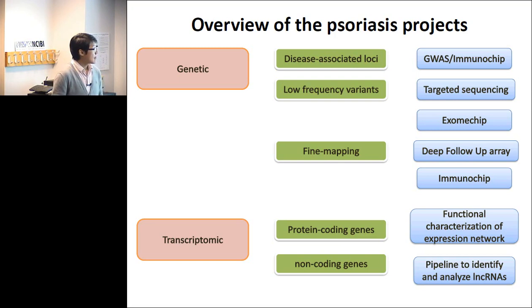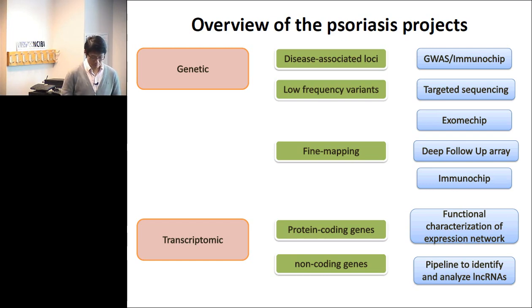We have been looking at two different scales, the genetic and transcriptomic aspects. For the genetic scale, we have been using different genotyping arrays and, more recently, targeted sequencing with three goals in mind. First, to identify disease-associated loci. Then we also want to understand the impact of low allele frequency variants on the risk of psoriasis.